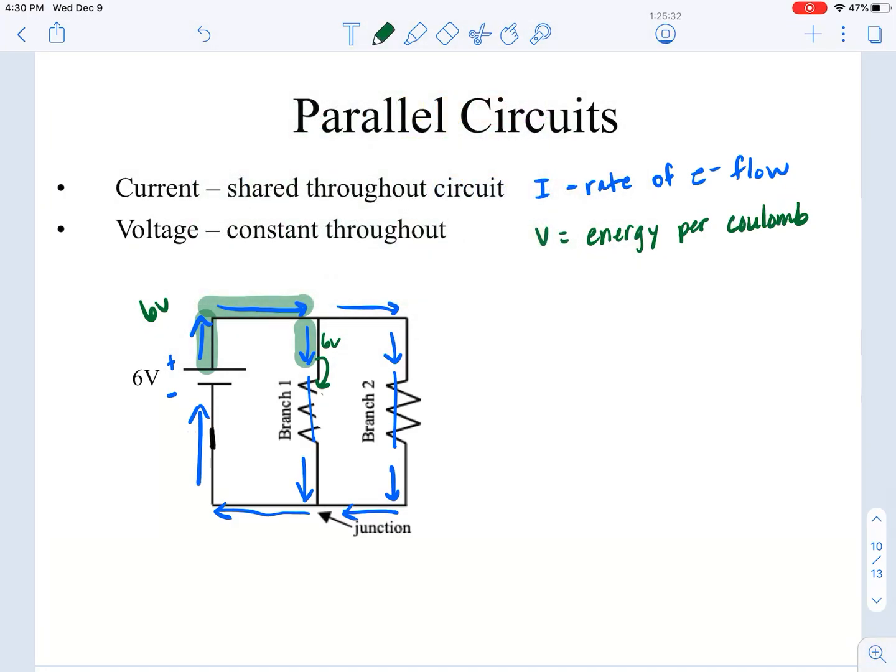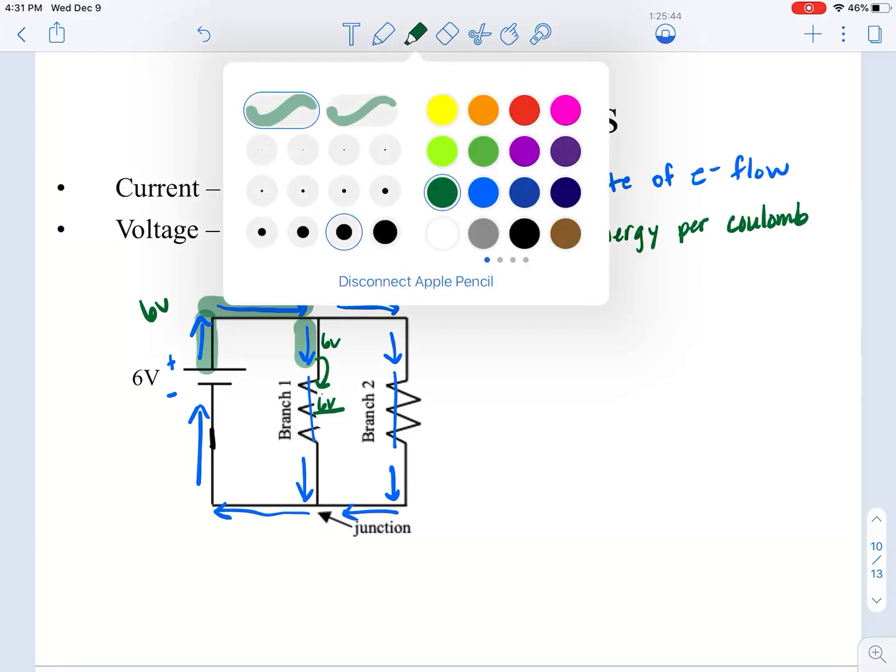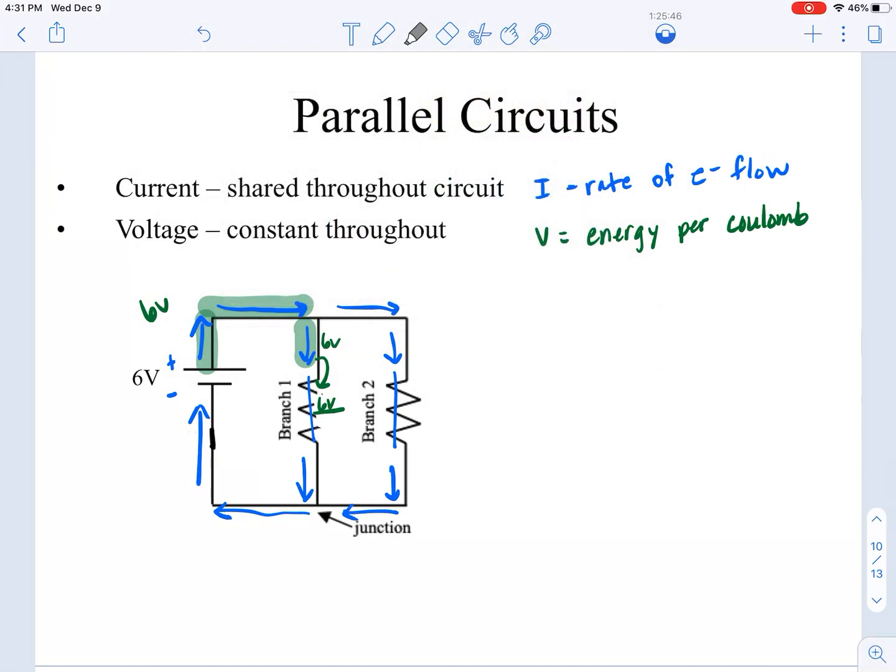So all 6 volts are going to get dumped into this device. So when my electrons come out of this resistor, they have 0 volts left. They gave all of their voltage away, so they are going to exit that device with none, 0 volts, okay?